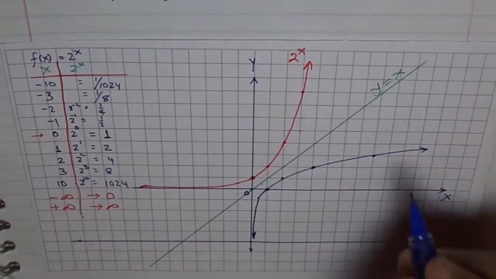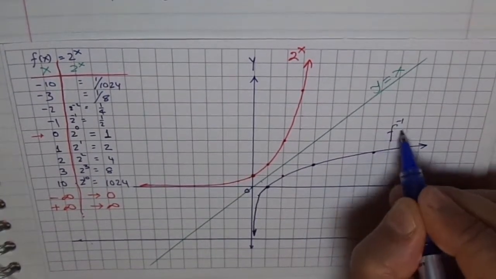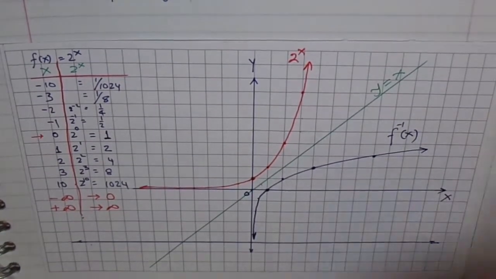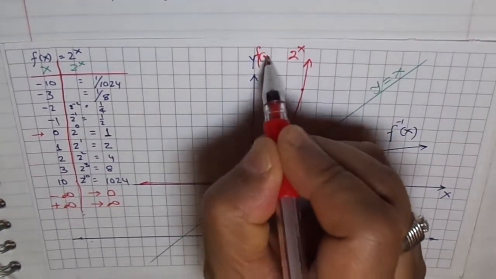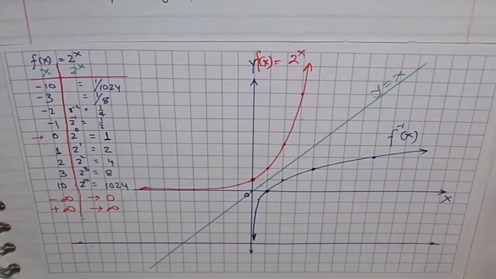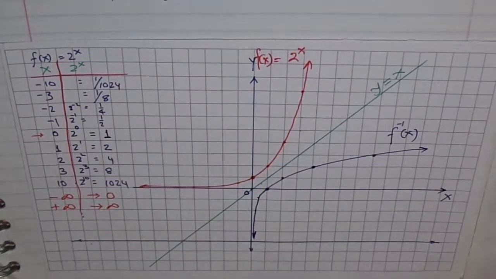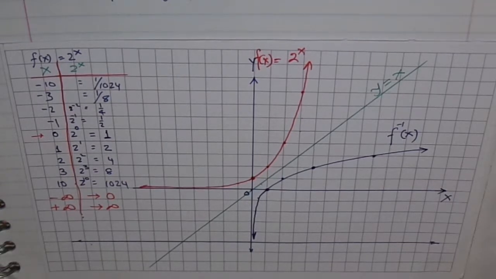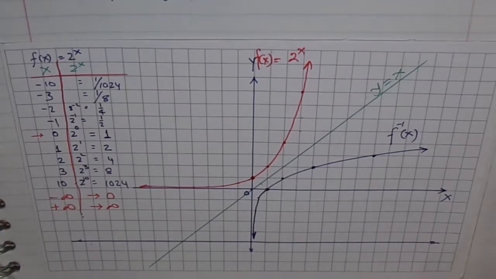This is f inverse of our function f(x), where f(x) is equal to 2 to the power of x. Now see, we have the inverse of our function right there. We could draw the inverse of the function without even knowing the algebra part of it or the calculations part of it, using the information which we have learned in inverse of a function, right?